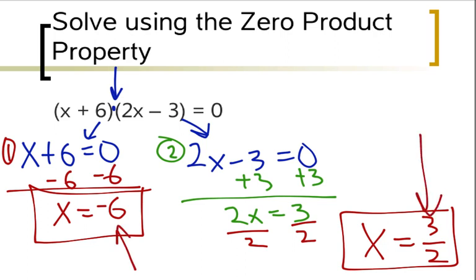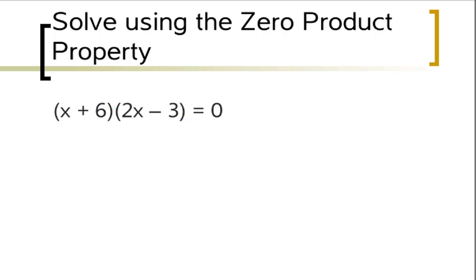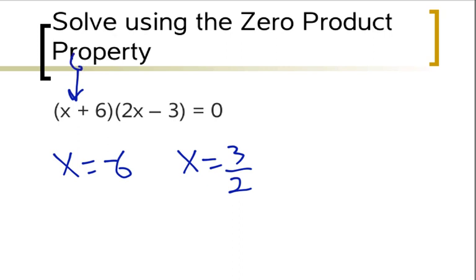Either of those numbers, if I plug it into the original equation, will make the equation equal to 0, which is why that is a solution. So x equals negative 6 and x equals 3/2 are your answers, which means that if I plugged in negative 6 right here, this would become 0. If this is 0, 0 times anything is 0, so this is a true statement.